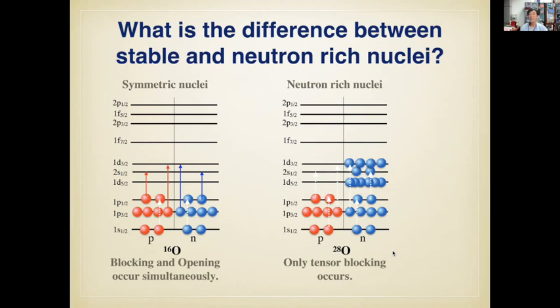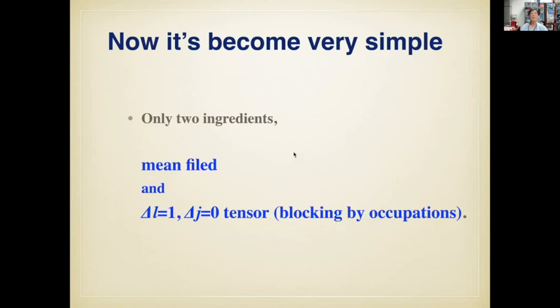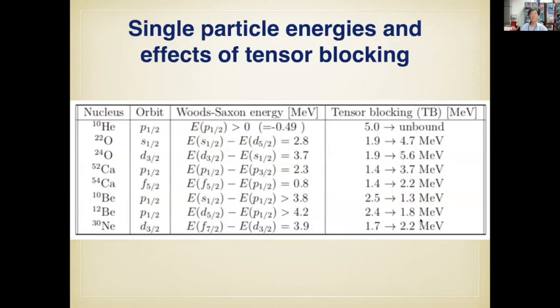This is a difference between neutron-rich nuclei and stable nuclei. Okay, so it becomes very simple: the ingredients are the mean field and the L equal 1 tensor, and blocking occurs. Now, how much does this blocking matter?